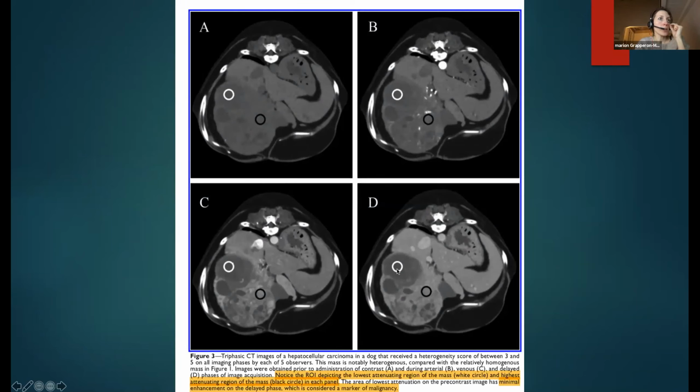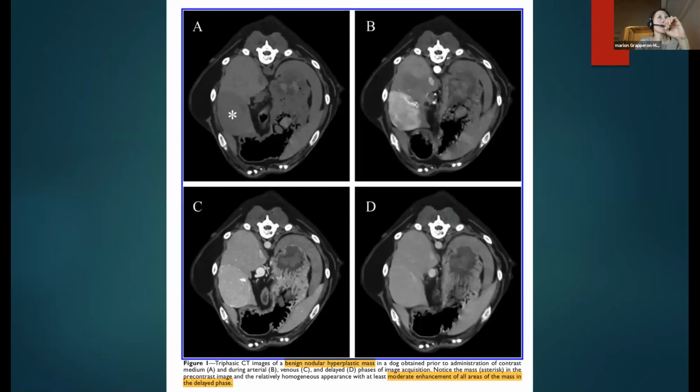It is just to show how they placed the different ROIs in different phases. This was a benign nodular hyperplastic mass, and you can see that in the pre-contrast image the mass has a relatively homogeneous appearance, and there was moderate enhancement of all the areas of the mass in the delayed phase, quite isoattenuating as well.